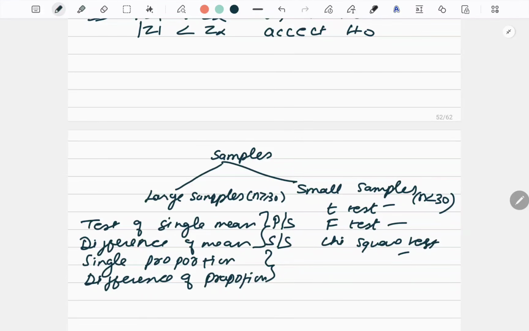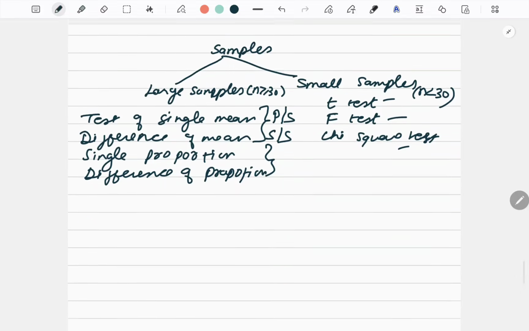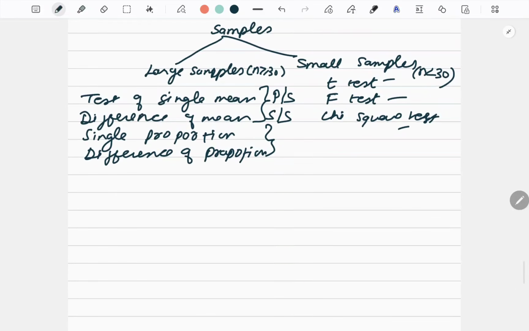Now suppose in the question there is no mean or average, then it belongs to proportion. Again, if it is population versus sample, it is a single proportion. If it is sample versus sample, it is a difference of proportions. Okay. So now let us start with the questions. The first category is test of single mean.